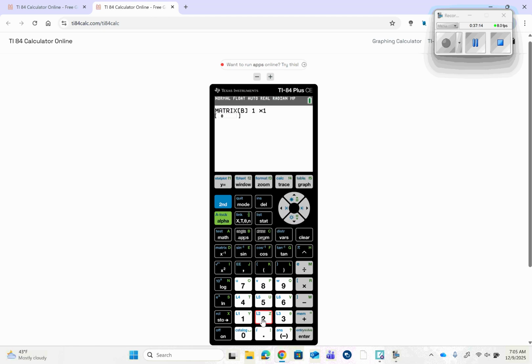So J is a 2 by 3, 2 rows by 3 columns. So that's going to give me -2, 3, 4, 8, 0, 1. Enter, and then quit out of that. And then second matrix, edit the number 3.